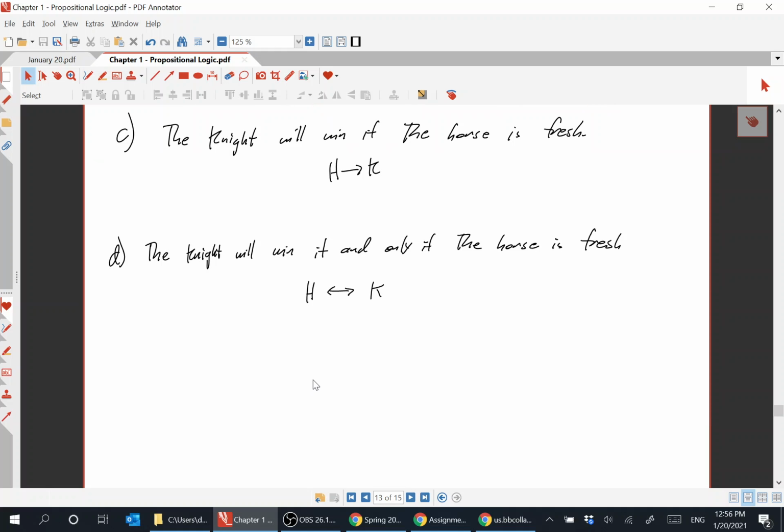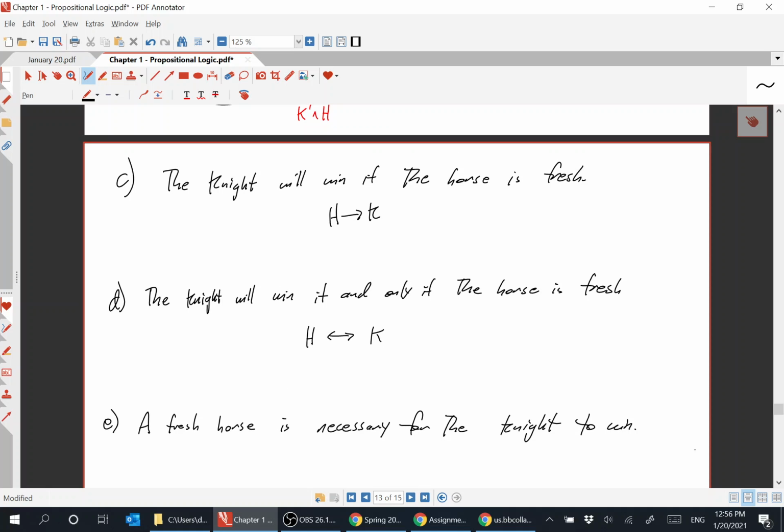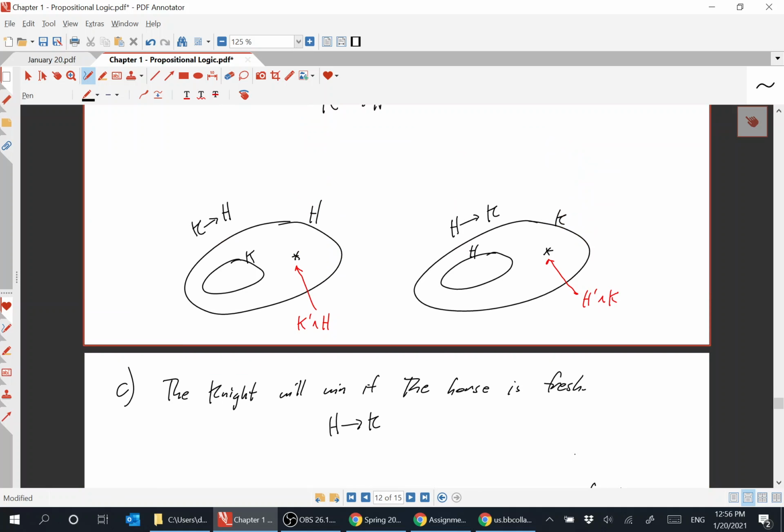So here's another way in which things get twisted. A fresh horse is necessary for the knight to win. So let's grab this figure here again.